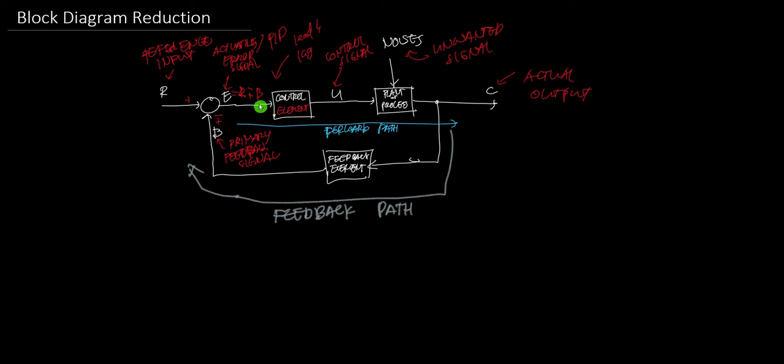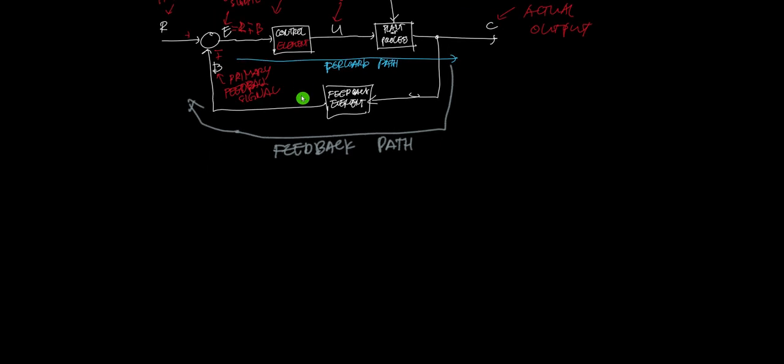But in reality, we don't write them. We don't use control element to write on the block diagram. We use variables to represent them. So usually in a feedforward path, we use G as our variable. This is the transfer function of the control element. We can call it G1 because there are two transfer functions in the forward path, and this one we just call G2.